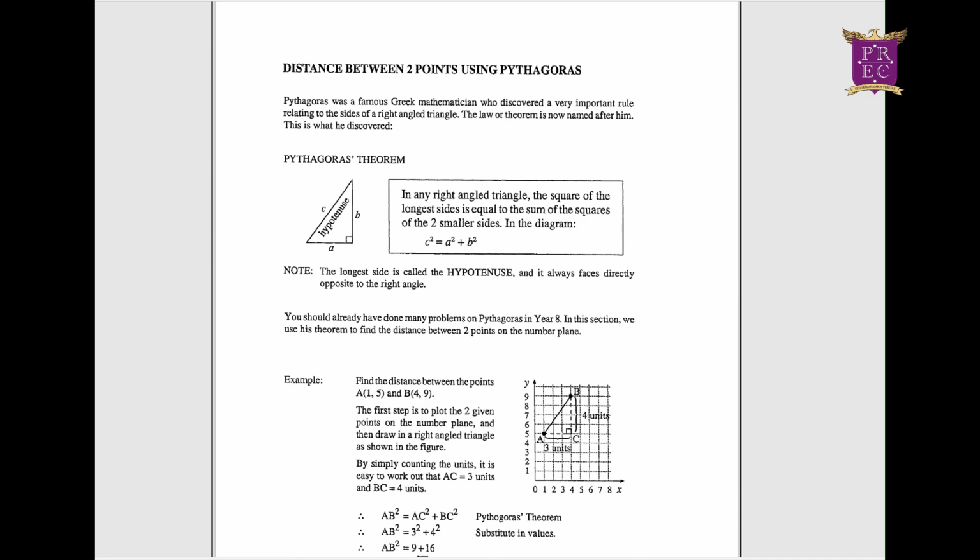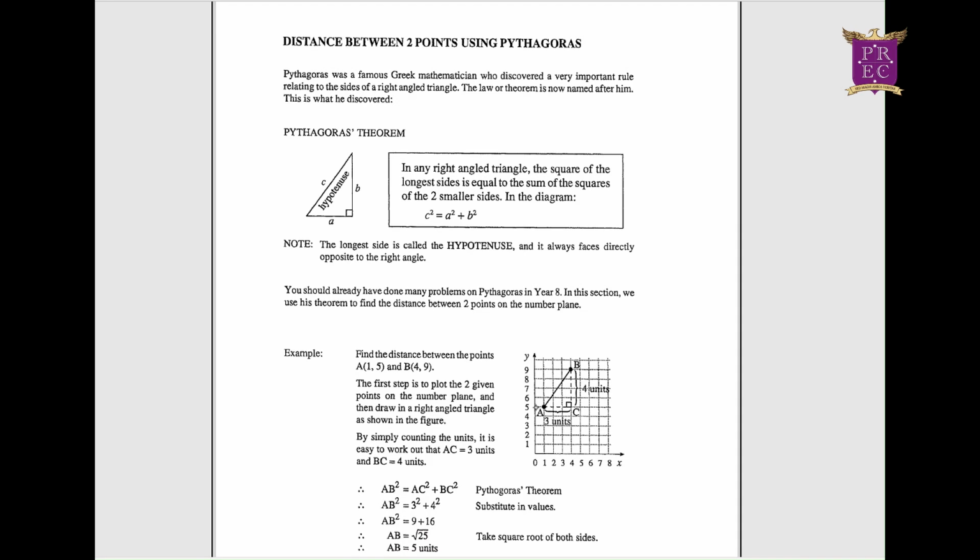We're looking at distance between 2 points using Pythagoras. So we had A at 1 and 5, and B at, where's B? 4 and 9. So we've got these two coordinates, and we're looking for the distance between these two coordinates.